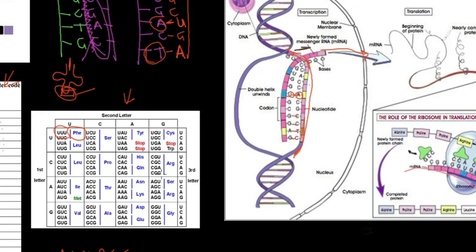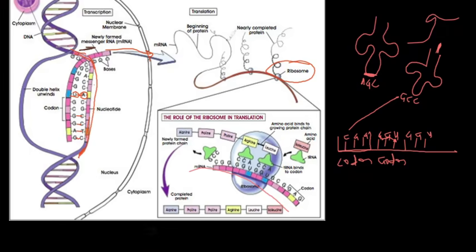So this is the block that you would look for CGG in, and there it is, CGG, and it is the amino acid arginine.